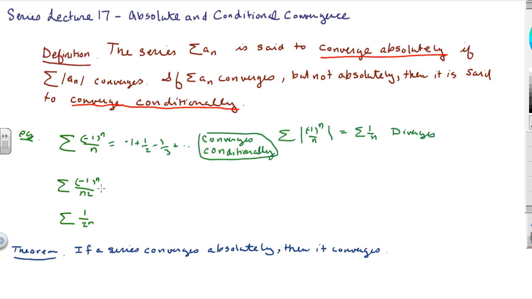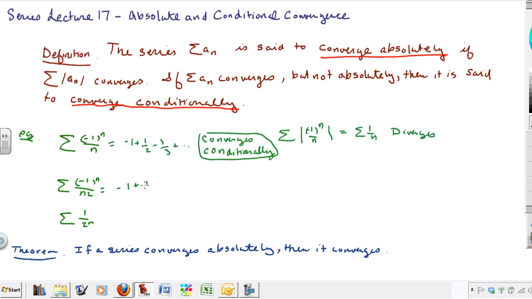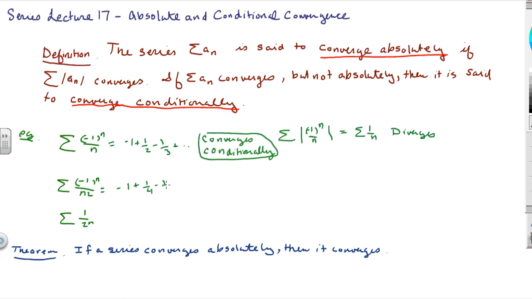Whereas if I look at this one, this is another alternating series, let's start from 1 again, so it's -1 plus 1/4 minus 1/9 plus so on. It's an alternating series. The terms go to 0, so it definitely converges by the alternating series test.